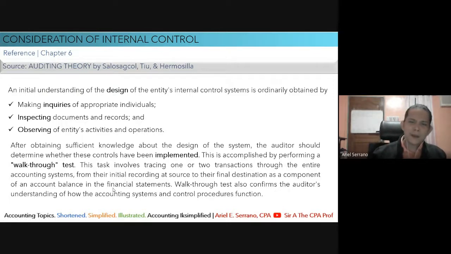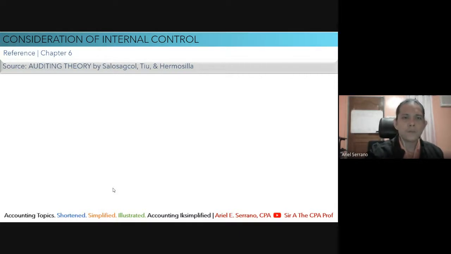Kasi syempre, di ba, as part of our understanding, nagkakaroon tayo ng idea kung paano ito gumagana, paano ito umiikot, paano siya gumagalaw. So, pag nag-walkthrough tayo, nakukonfirm natin na tama ba yung aking understanding. Or baka mamaya may kulang sa aking pagkakaintindi. So, that is why we perform walkthrough.